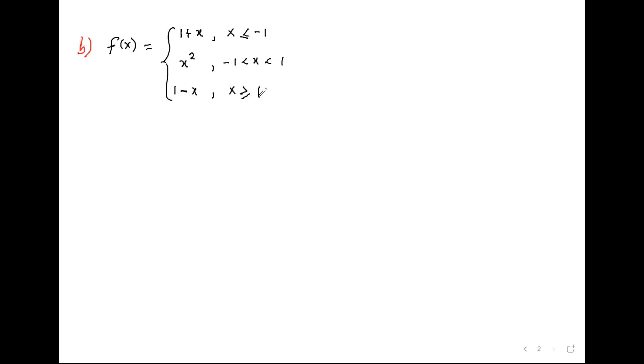The question is sketch. I have piecewise functions like this one. I've seen it in so many test papers. This question.